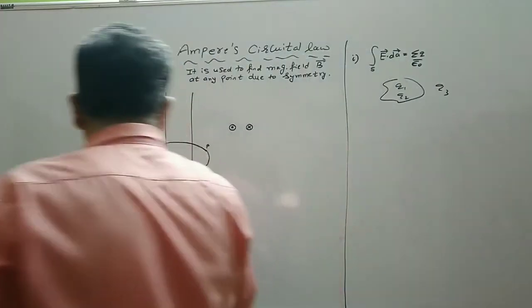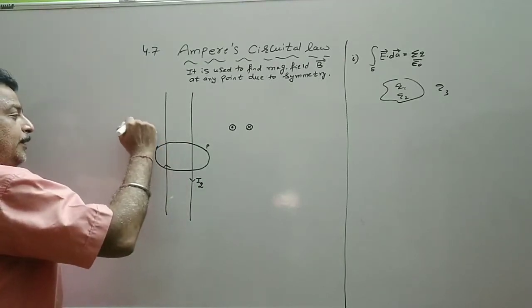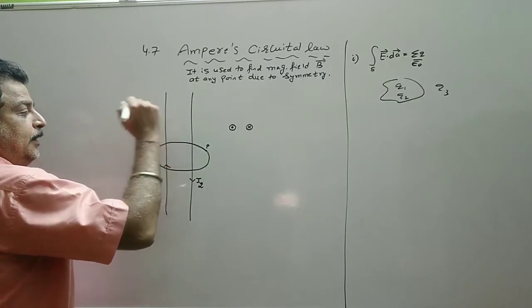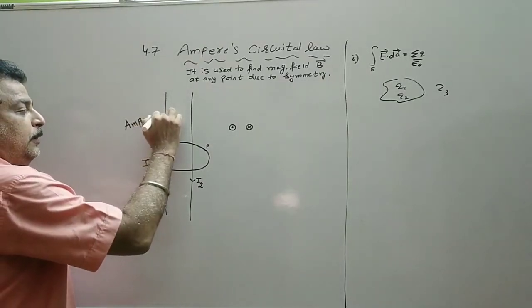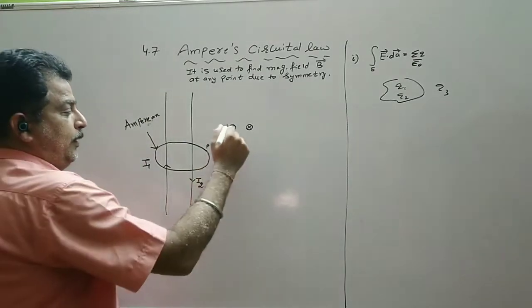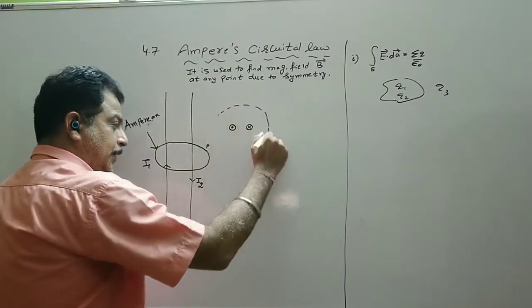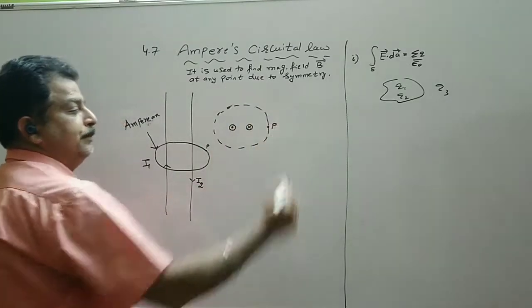This imaginary loop is called an Amperian loop. So here, if my point P is here, I draw this Amperian loop. This is my point P.